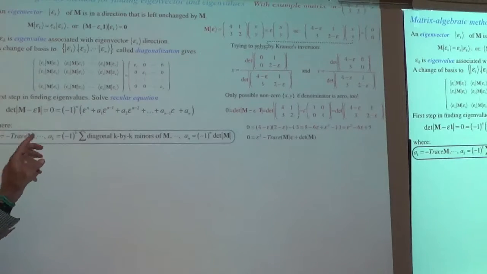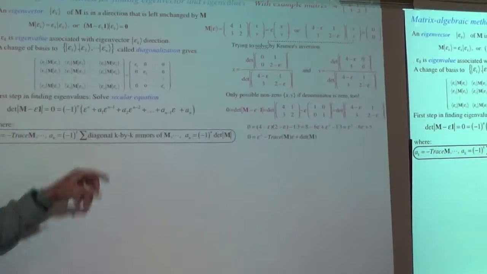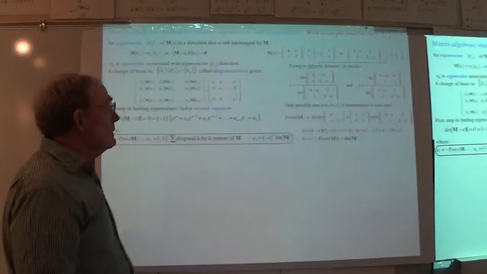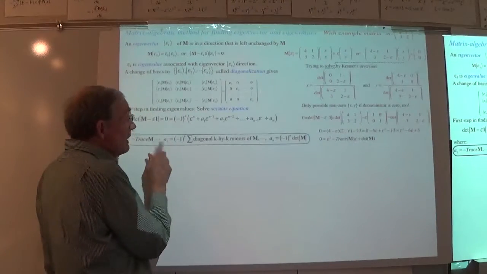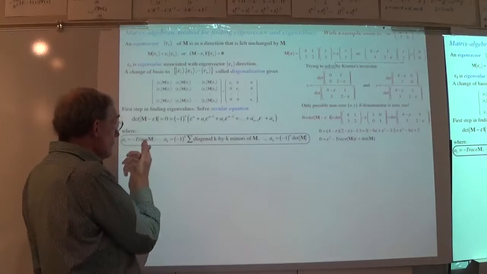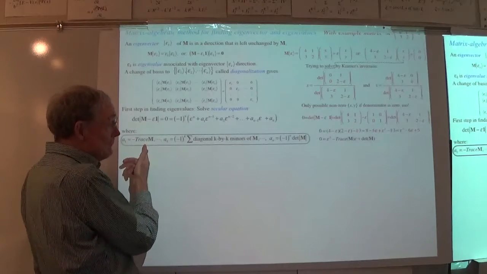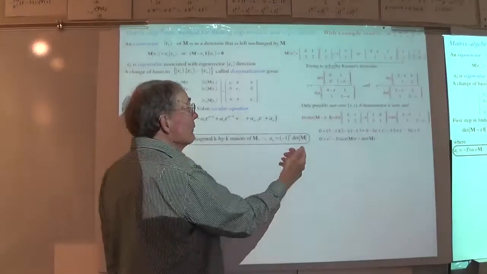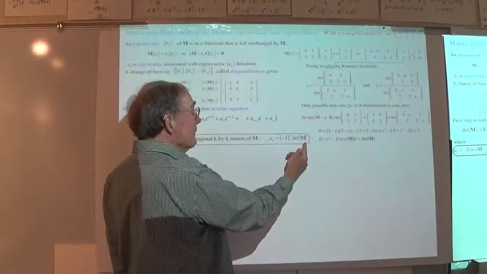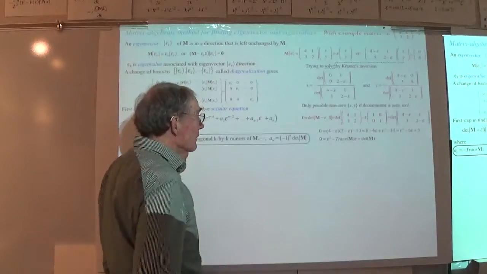So one of the things that you should become familiar with is the diagonal k by k minors for the kth case. It starts with the trace, which is the 1 by 1 minors, and then the one single minor that this matrix has, which is its determinant, is the last coefficient.